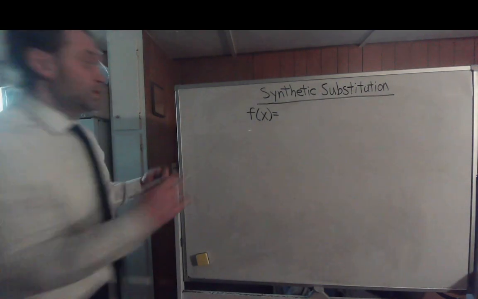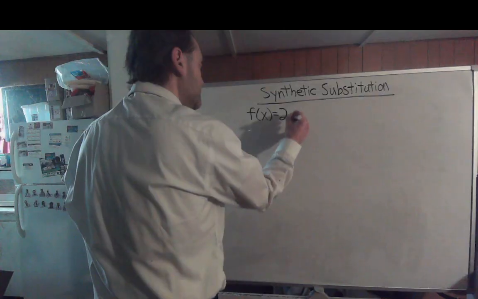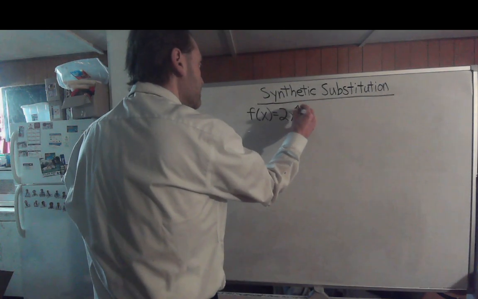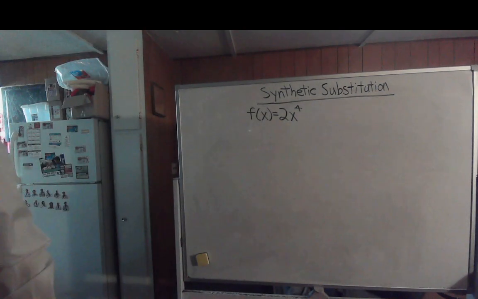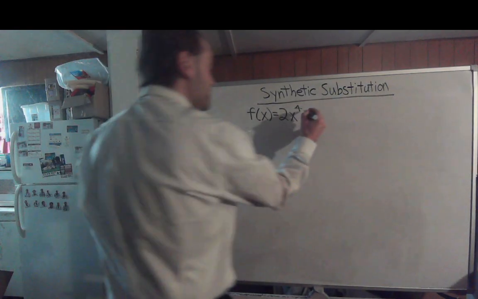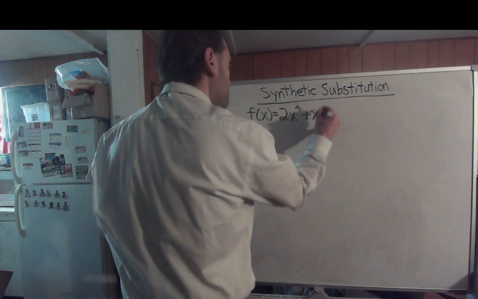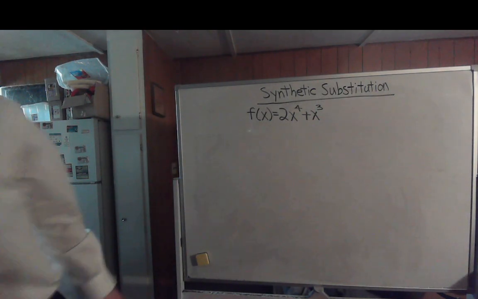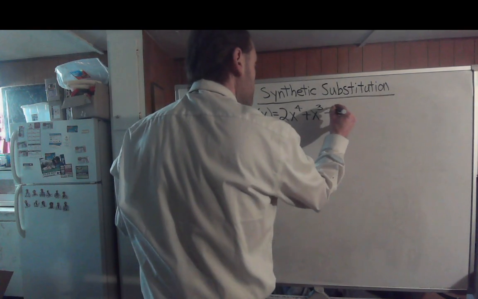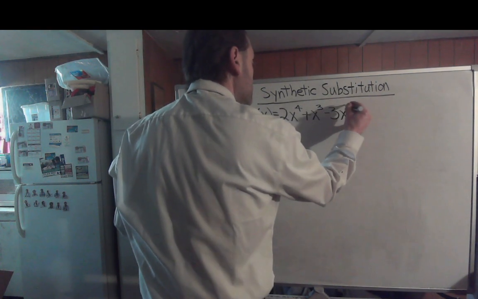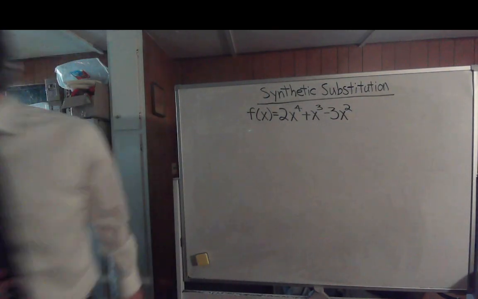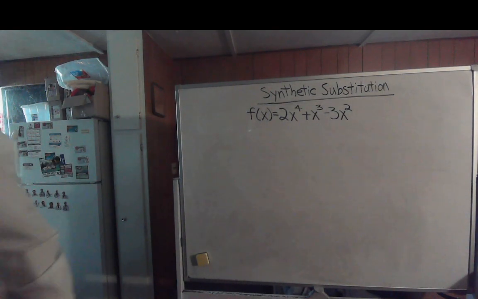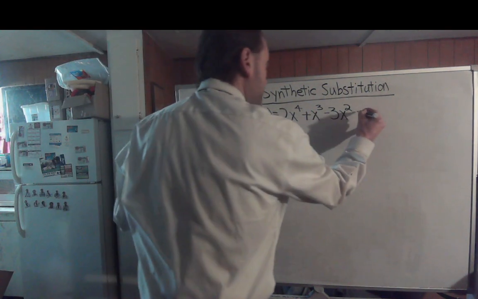Alright, let's see. f of x equals 2x to the fourth plus x to the third minus 3x squared plus 5x.